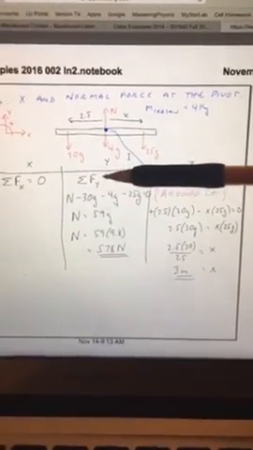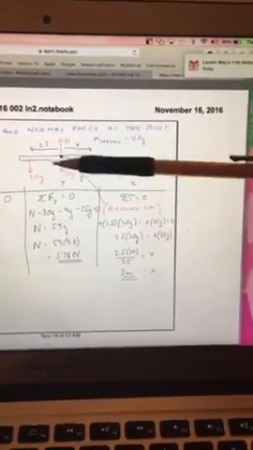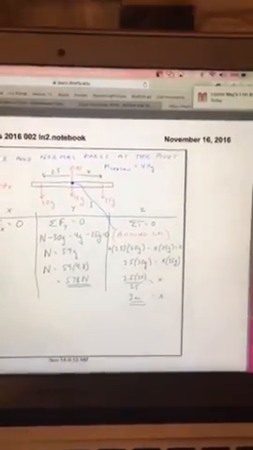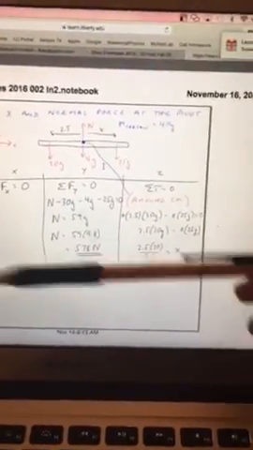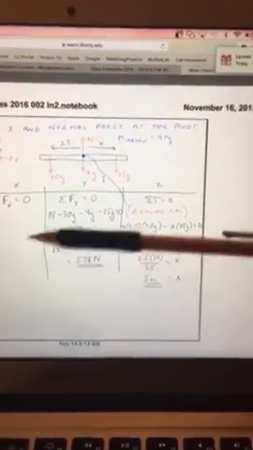And then for Y, this is easy. They all add up to 0, right? Because if N was greater than all of these, then it would start flying, or if it was less, it would go into the ground. So we know that it's balanced because it's not moving up or down.